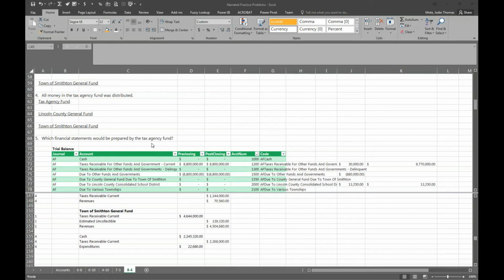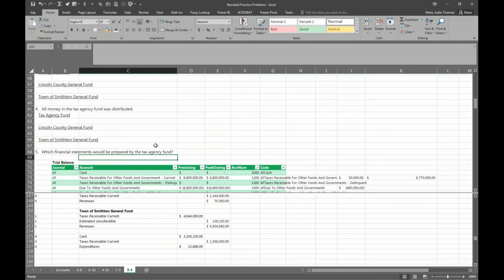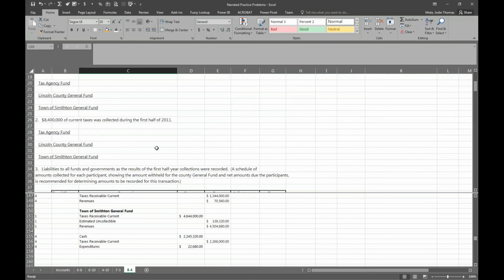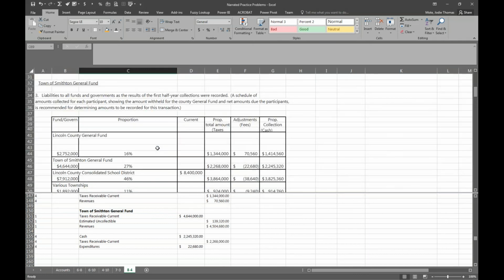And on the statement of fiduciary net assets, it would also be combined with any other agency funds that Lincoln County might have. As agency accounts, they're important, but they're not really material to the overall picture of health of a government. As I said, they're basically sweep accounts.